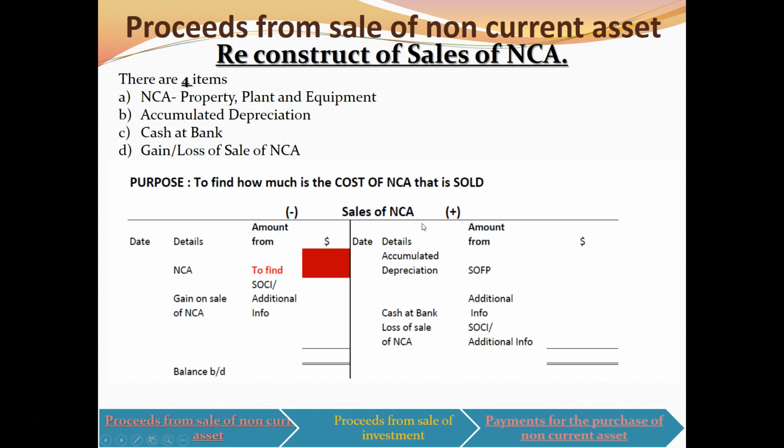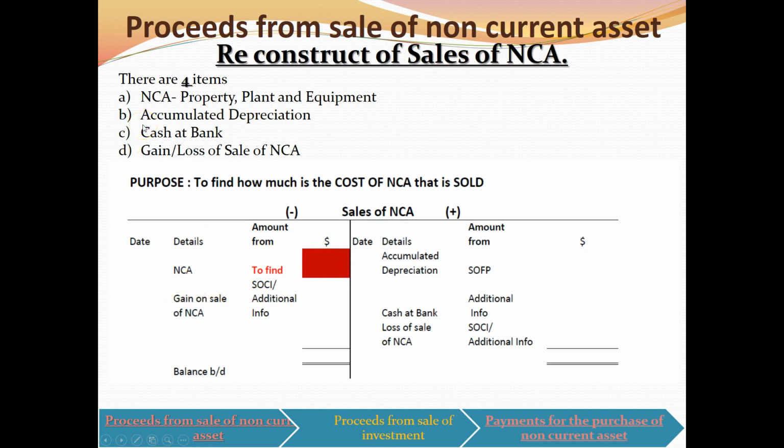When we sell property, plant, equipment, we will credit it, so we debit sales of property, plant, equipment, and then we write property, plant and equipment on the debit. This particular entry is based on double entry, so the first thing to write will be here.